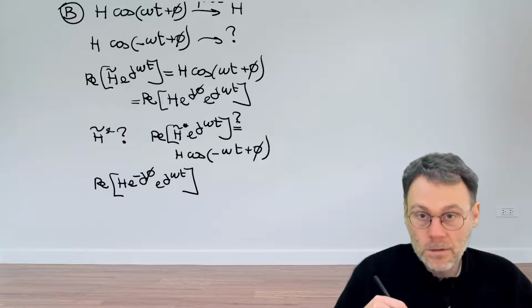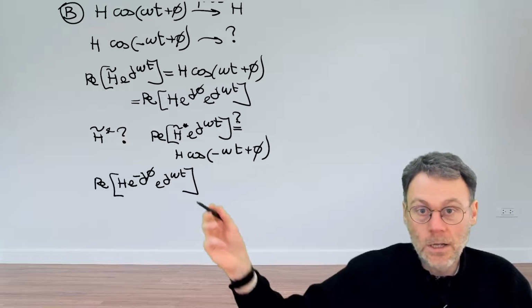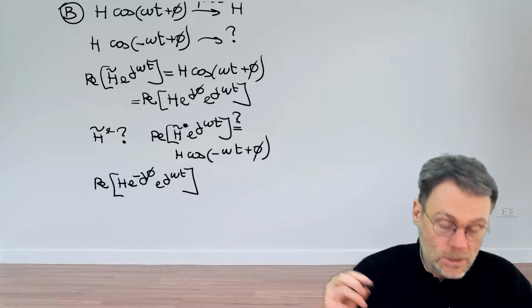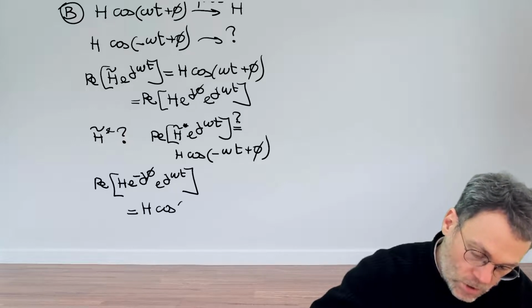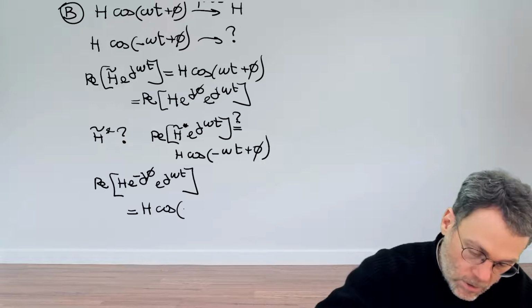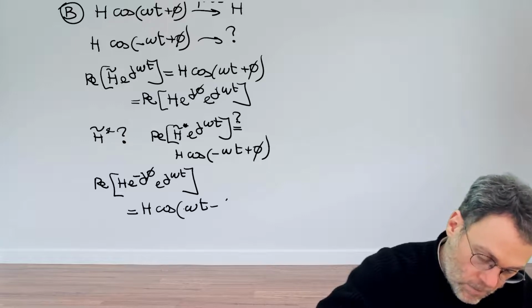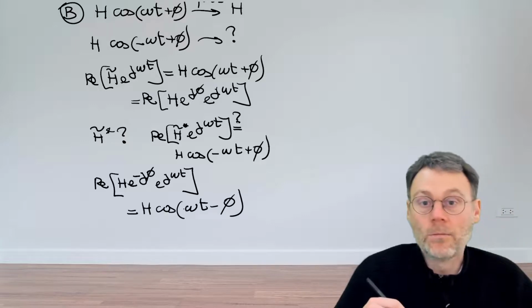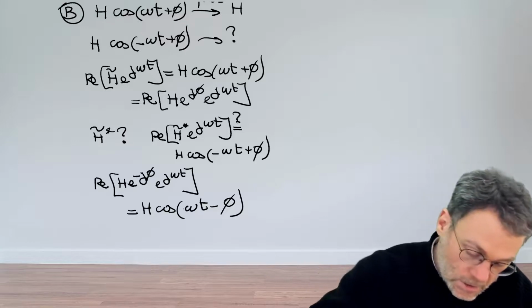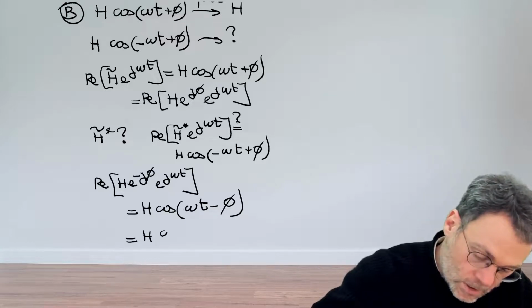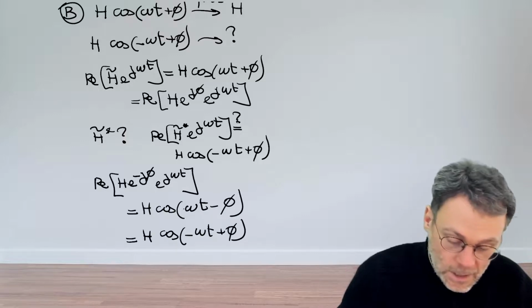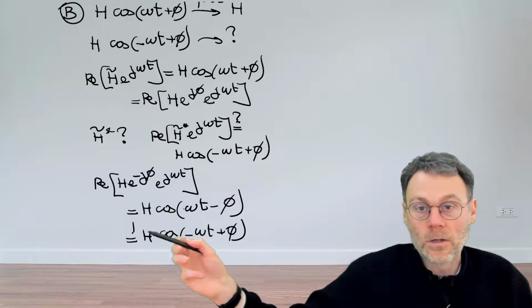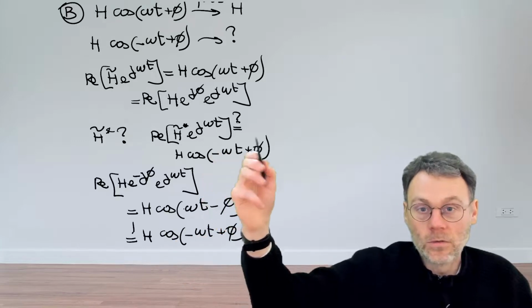If we do that, then Euler's equation tells us that what we have is h cosine of omega t minus phi. But luckily, cosine is an even function, and we can also write that as cosine of minus omega t plus phi. And this is indeed what we needed to show. So this thing is equal to that thing.